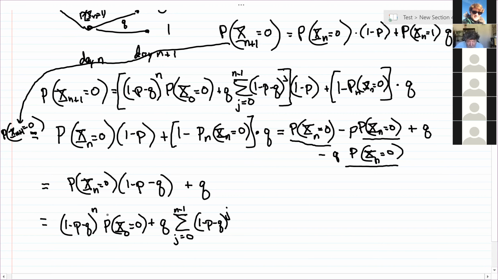So that's what that is. That all gets multiplied by the 1 minus p minus q plus q.